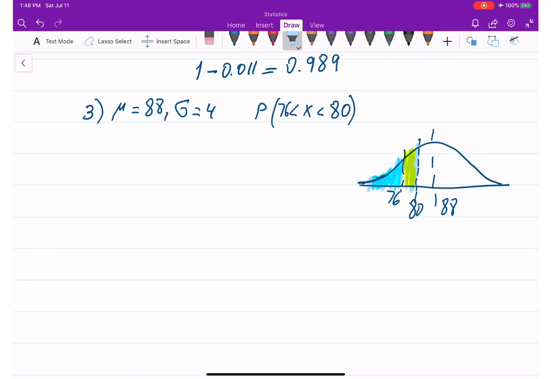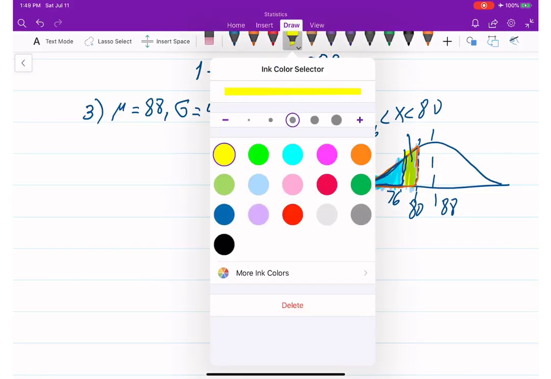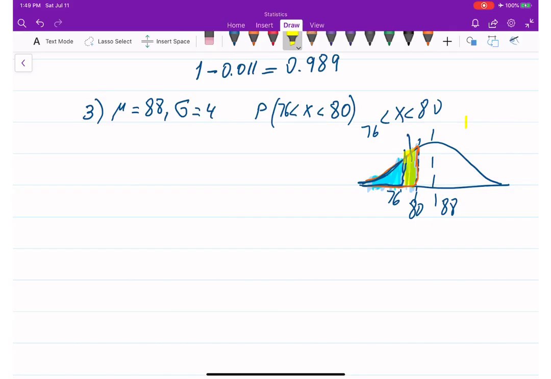All right. So now if I take this area of 80, which is this, and do minus area of 76, which is this, will I have this one? X is greater than 76, less than 80, right? Which is yellow area, correct? Will be this piece. Okay, let's do it.